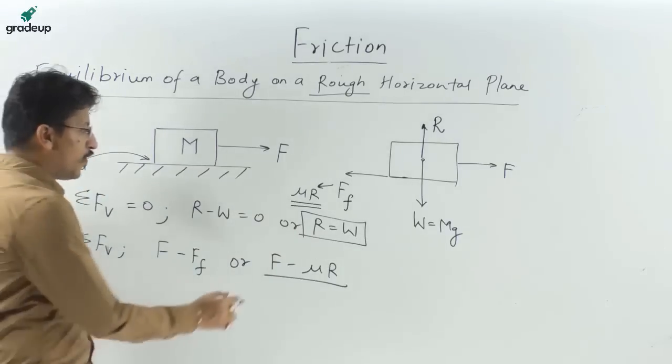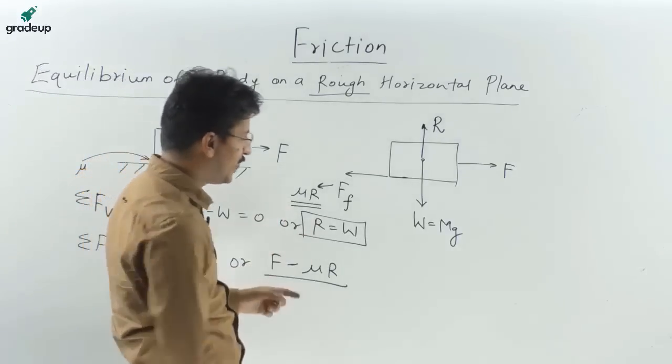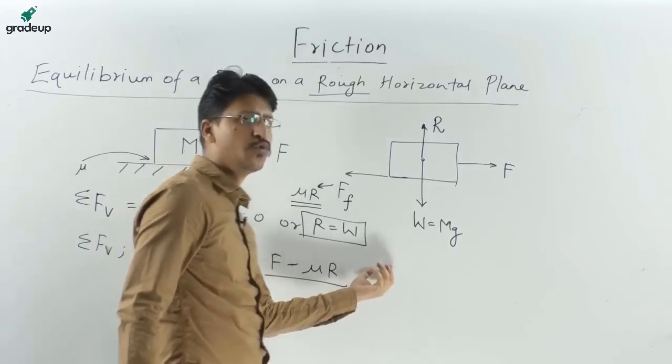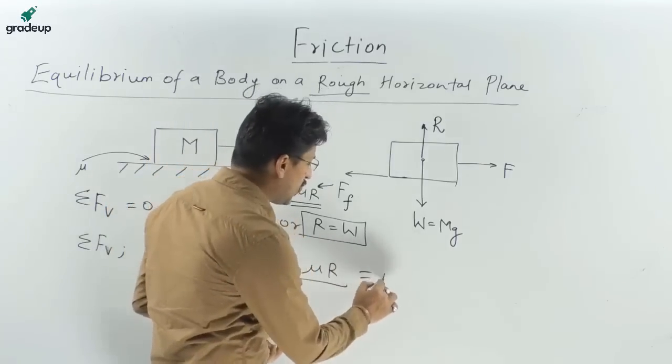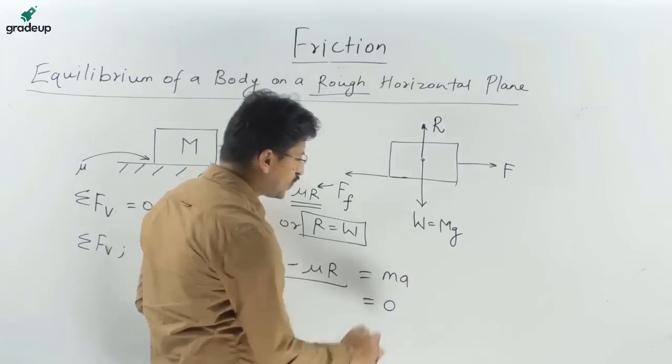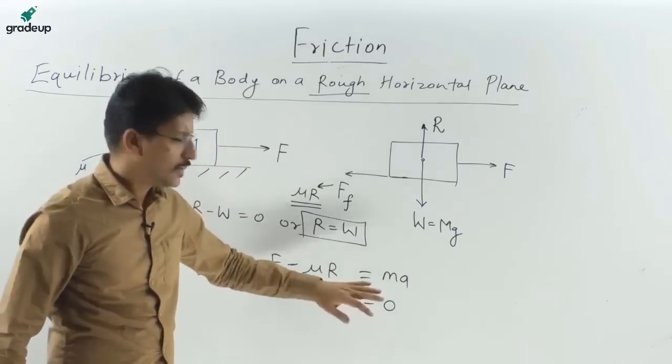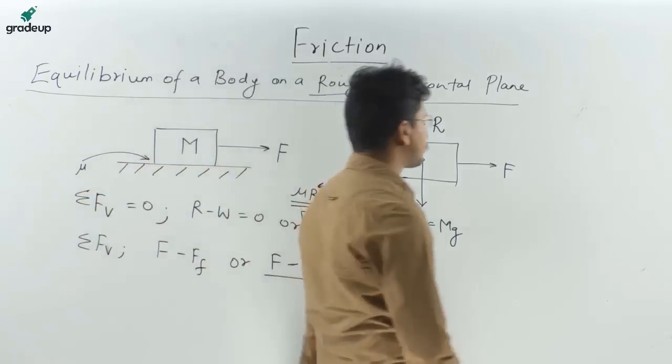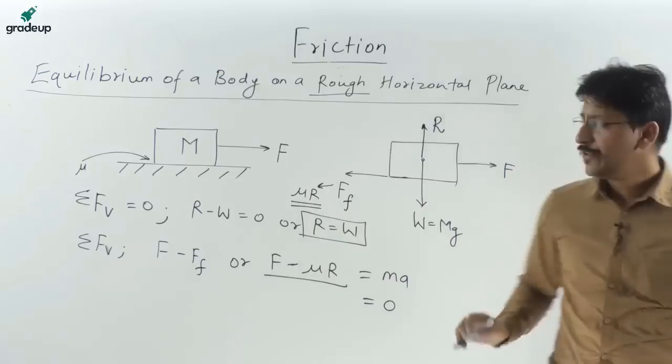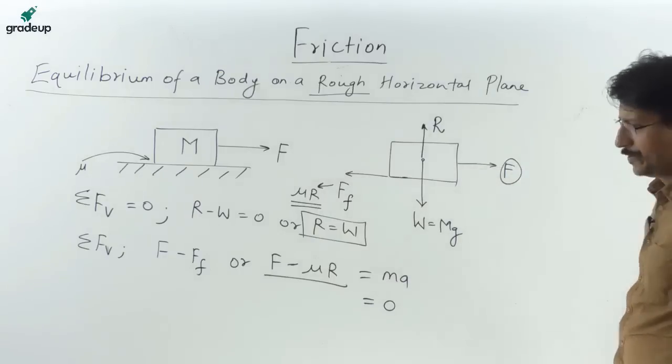But will there be a motion? What will this be equal to? Either this will be equal to m into a, or this will be equal to 0, or what? That depends upon one thing, the value of this applied load.